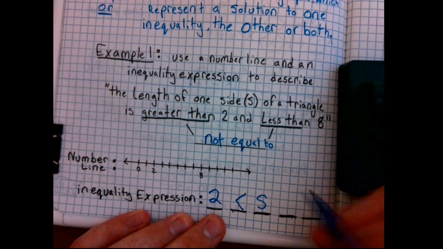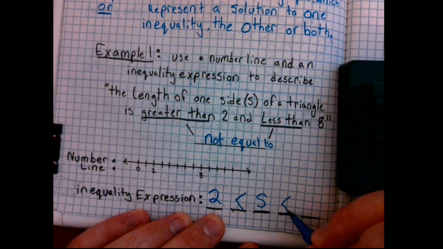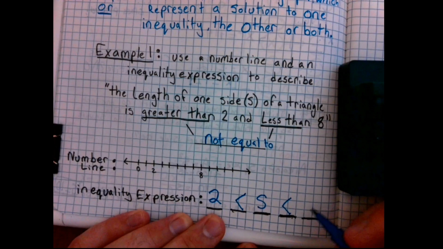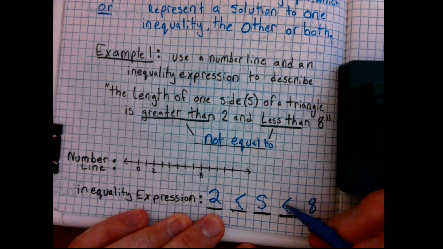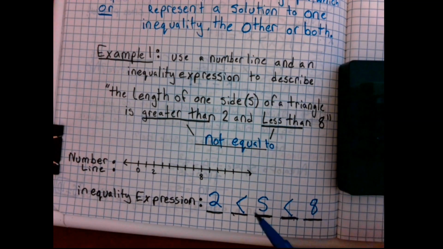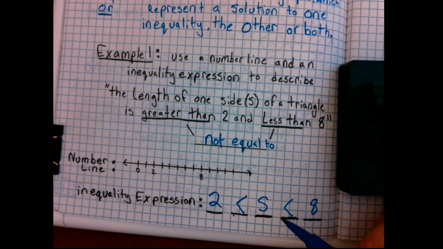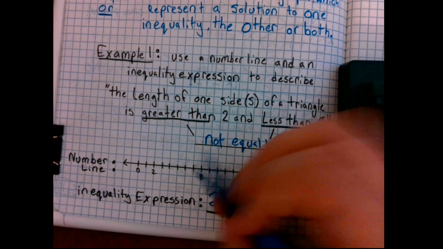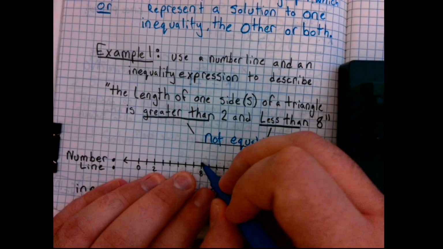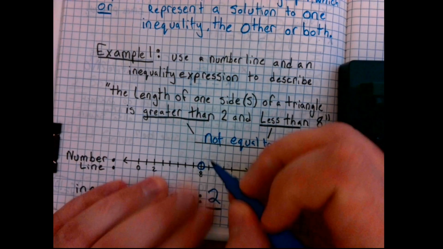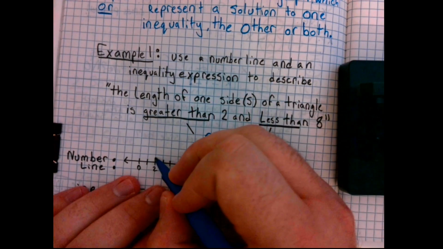And less than, meaning the small part of the inequality is going towards the S, 8. Important to note here, the small part points to the one which is less than, the large part points to the one which is greater than. Now, since neither of these are equal to, both of them will be an open dot. We're going to have an open dot on 8. We're going to have an open dot on 2.